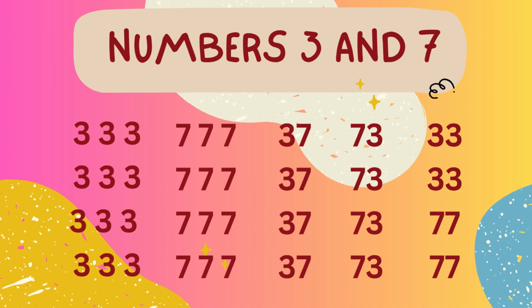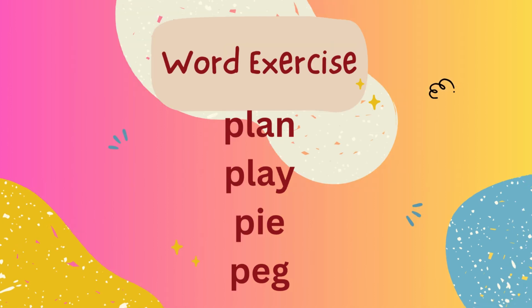If you need more time for practice, then you can do so. Then let's proceed to the word exercise. We have the words plan, play, pie, and peg. I'm asking you to comment your answers.